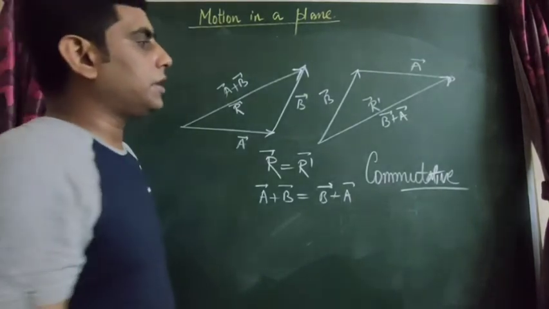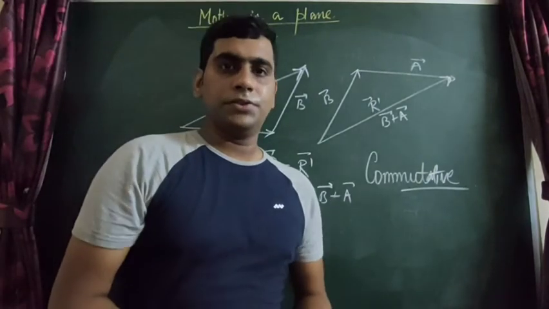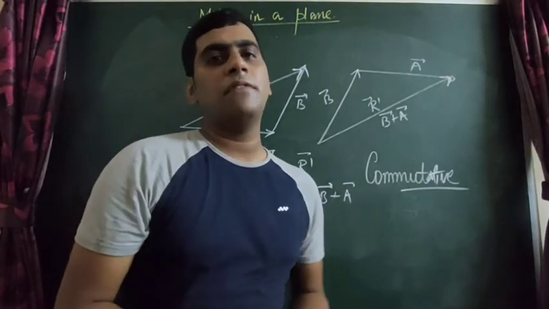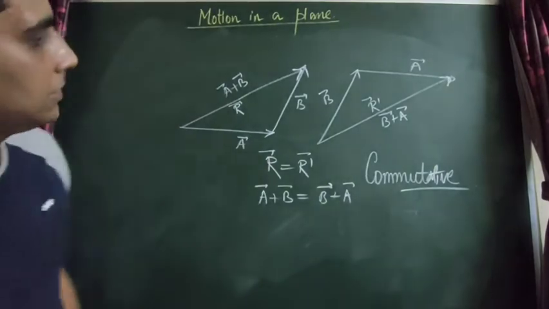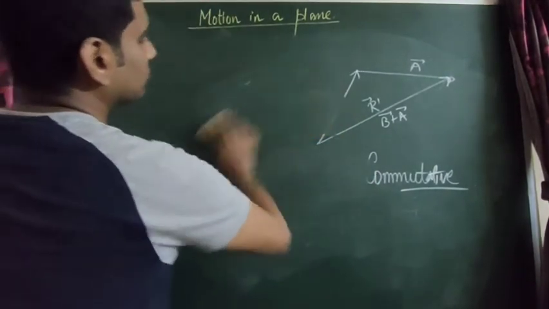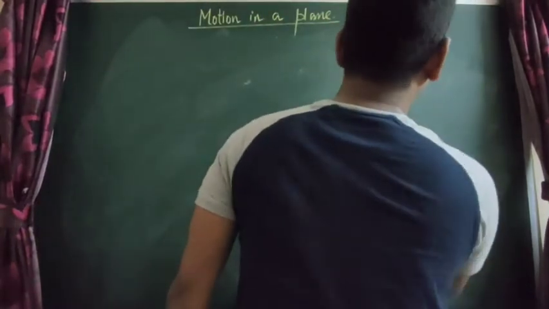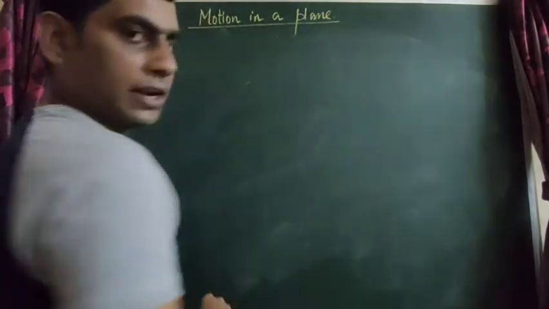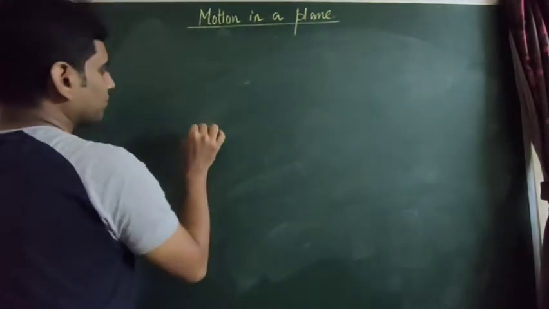Next, if there are more than two vectors, suppose 3, 4, 5 vectors, then how to add them?